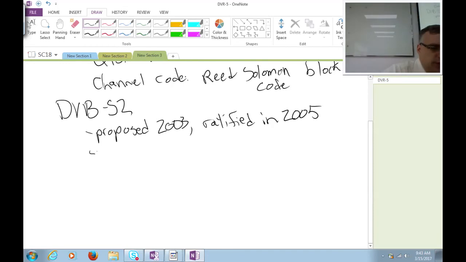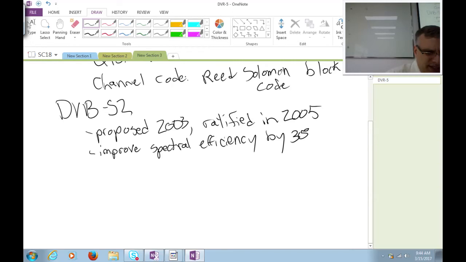And the goals were to improve spectral efficiency, that is the bits per hertz that you send, over the original DVB standard by at least 30%, and offer more diverse services.